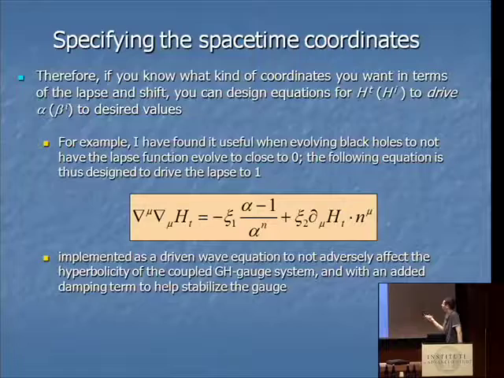And so, for example, one class of coordinates has been useful in evolving black hole space-times. This is not a general statement that in black hole space-times you want the lapse to be far from zero. But I just find in my simulations, at least with the code that I was using a while back, when the lapse function got too close to zero, when black holes form, that generically happens.